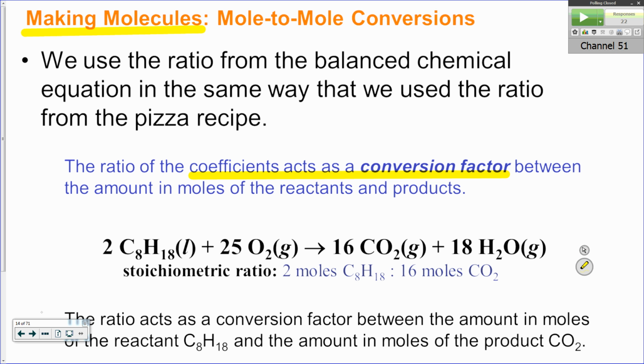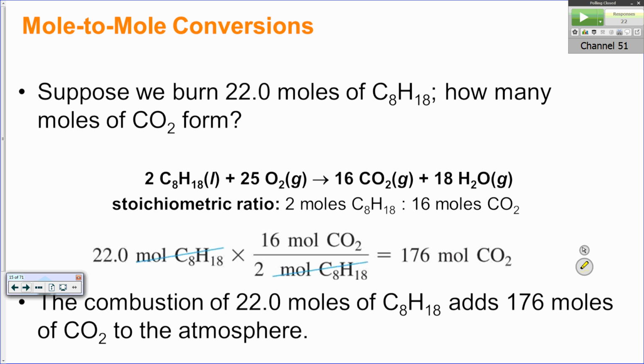If I look at the octane combustion, the stoichiometry relationship is 2 to 16 for octane and CO2. That becomes my conversion factor that I can use to relate those two substances.